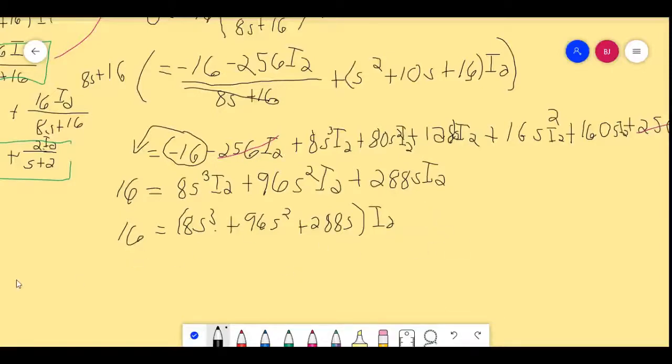And then we just divide both sides by this. Now we have I2 equal to 16 over 8s cubed plus 96s squared plus 288s.